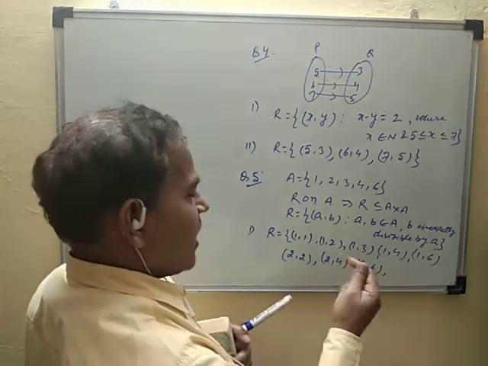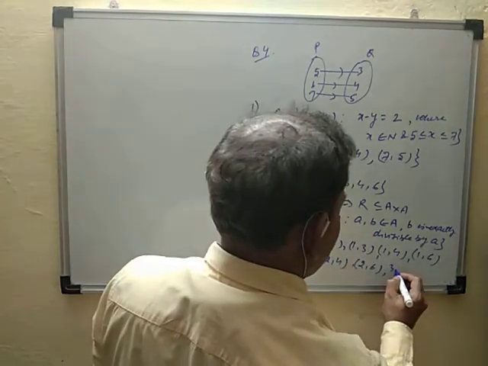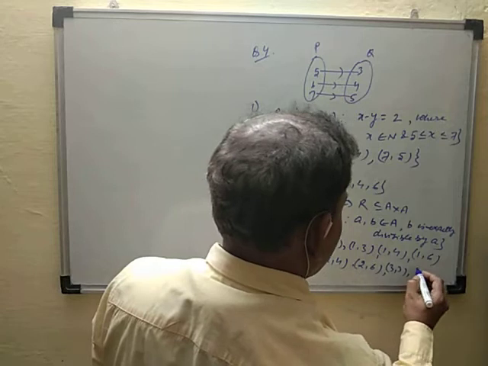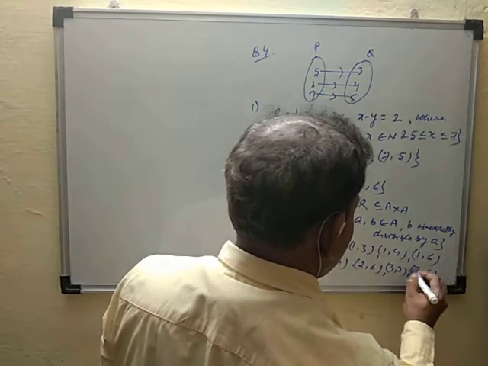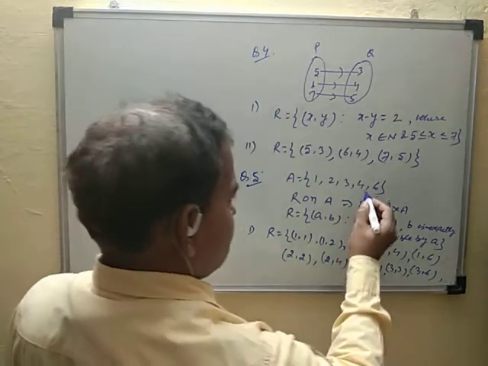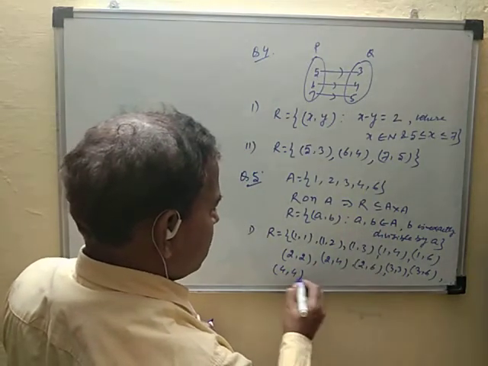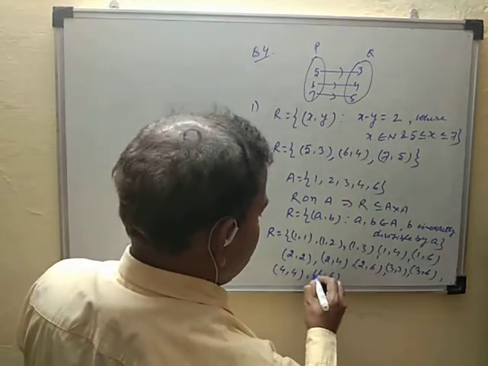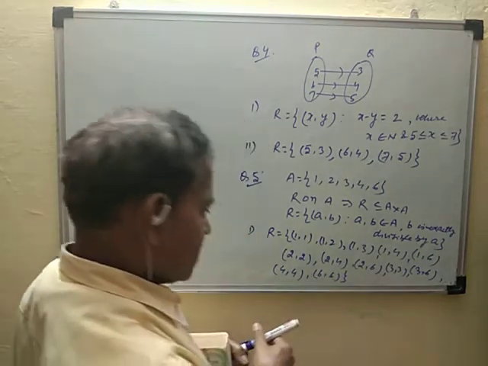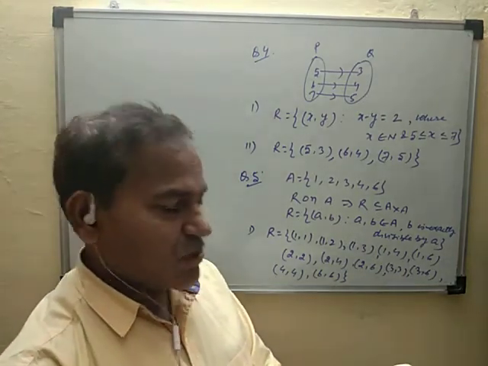Next find numbers divisible by 3, so (3,3), next (3,6). Next 4 is divisible by 4, only one pair, (4,4). Now 6 is divisible by 6, (6,6). So these are the elements of R in roster form.